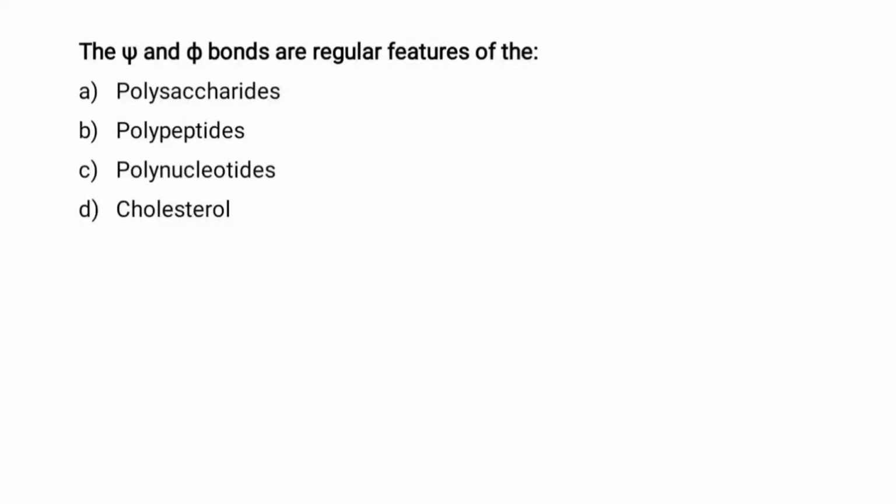And the anti-parallel beta sheet has values of minus 145 for phi and plus 135 for psi. On the other hand, an unfolded or loosely folded secondary conformation may have comparatively larger number of positive or negative values of phi and psi. So phi and psi bonds are regular feature of the polypeptide.